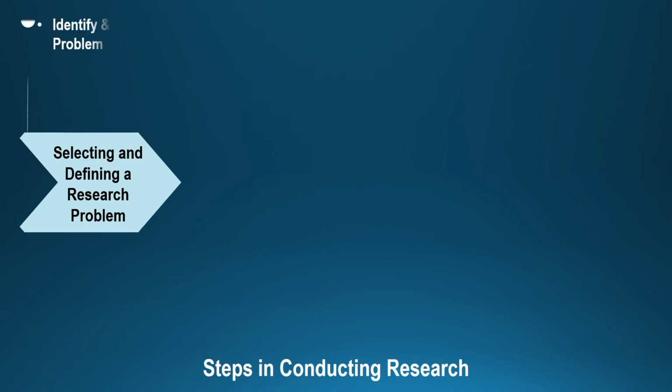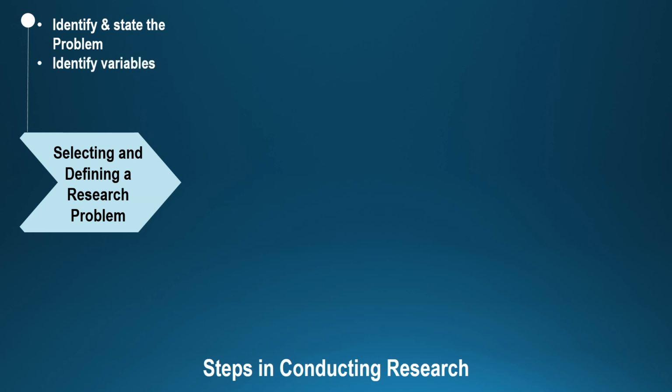Now let's see what activities a researcher undertakes when he or she has to select and define the problem. Selecting and defining the problem, the very first activity is to identify and state the problem. The researcher starts with a very broad area where he would like to undertake research and then narrows down that broad area into a specific problem by identifying the variables and defining those variables and stating the objectives of the studies.